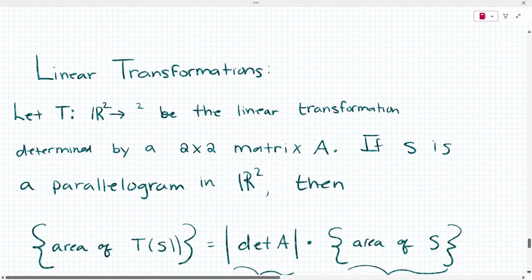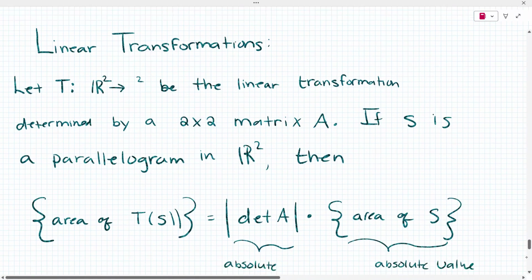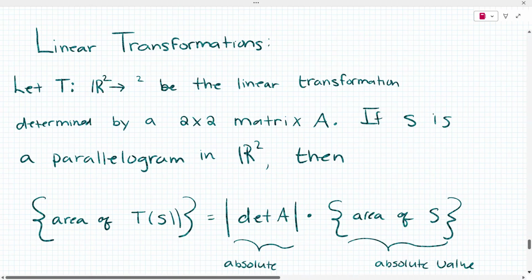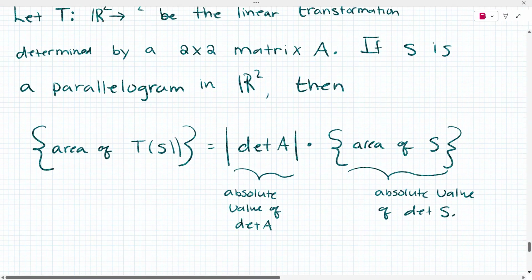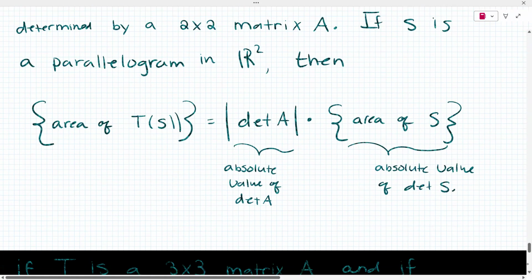Linear transformation: let T: R² → R² be the linear transformation determined by a 2 by 2 matrix A. If S is a parallelogram in R², then the area of T(S) is the absolute value of the determinant of A times the area of S.